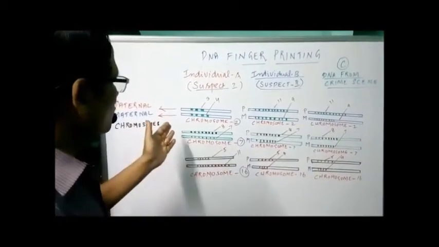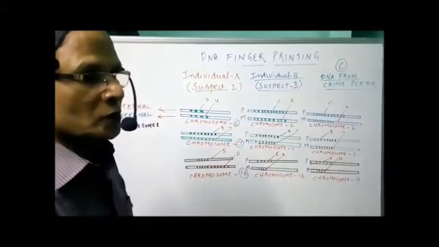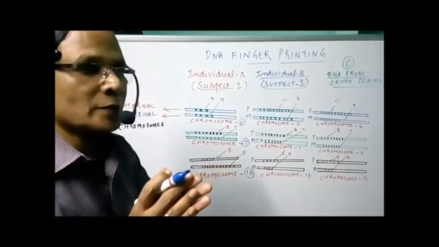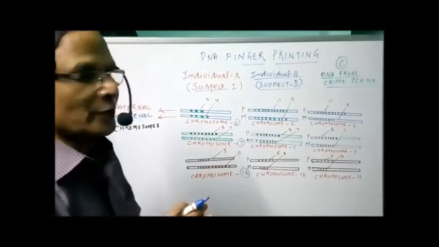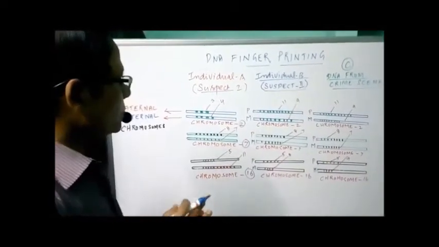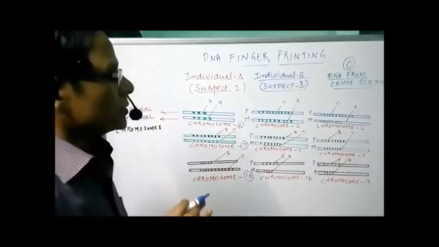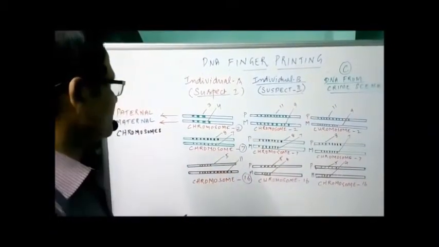Now they analyze the tandem repeats. Through the repeat pattern only can we compare the DNA of the criminal suspect with the DNA collected from the crime scene.